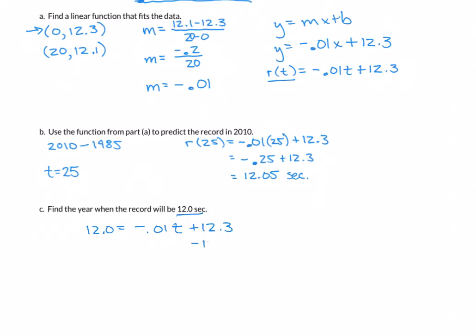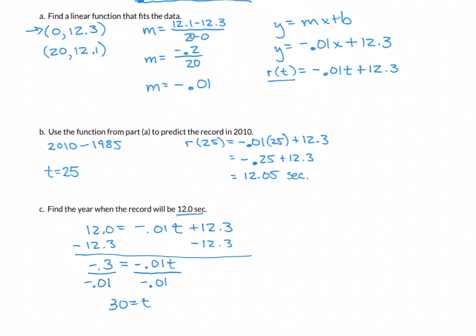All right, we subtract 12.3 from both sides. We get negative 0.3 equals negative 0.01 t. And now if we divide by negative 0.01, we should get 30 equals t.